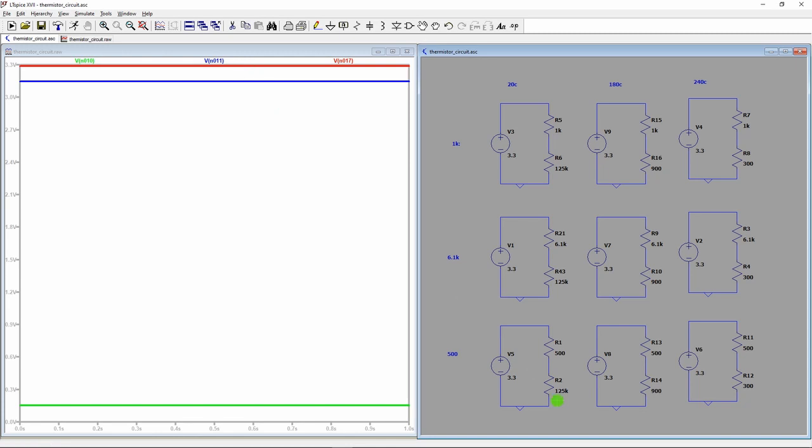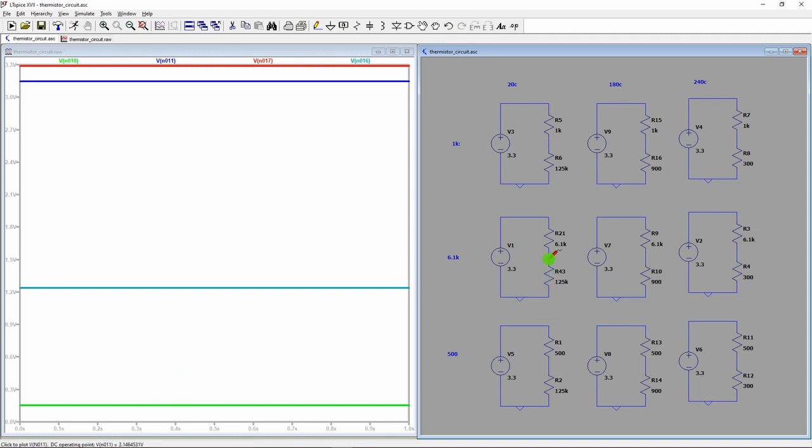So the 500 has a very high starting voltage and a much higher ending voltage compared to the 6.1K. So the usable range from this is only about 3.3 volts to 1.2 volts, around that, whereas the 6.1K has a much larger ADC range.